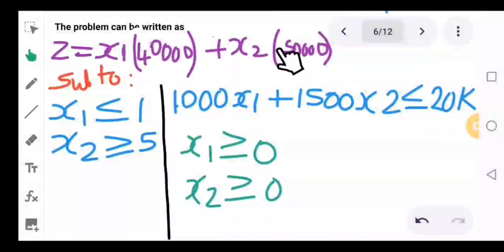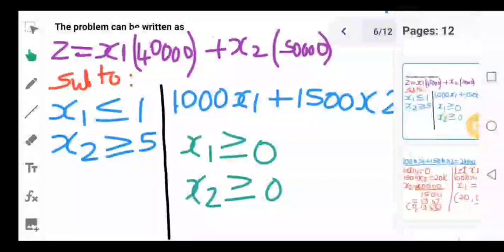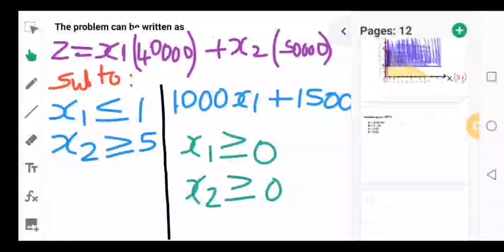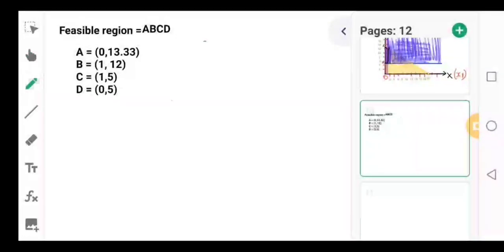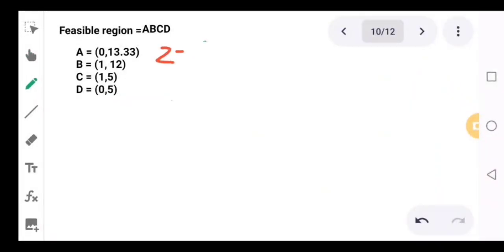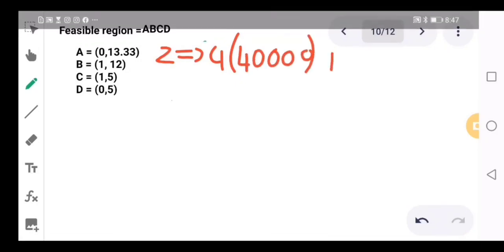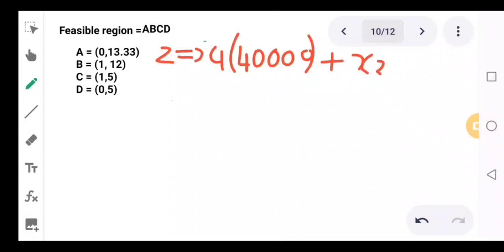Let me write down this equation over there. Z is equal to x1 into 40,000 plus x2 into 50,000.